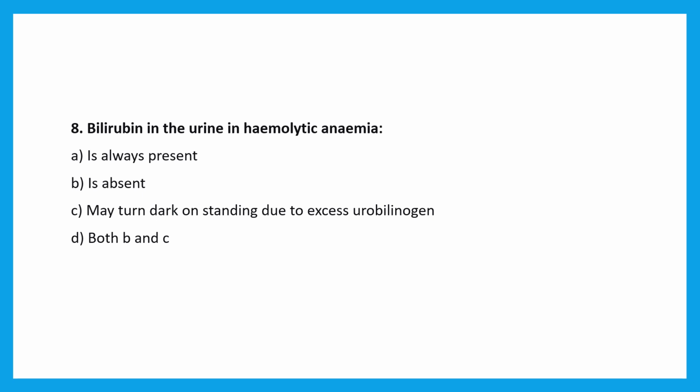And from that explanation, we are saying that bilirubin in the urine in hemolytic anemia is absent and may turn dark on standing due to excess urobilinogen. So B and C are the true answers, and therefore answer D is the correct choice.